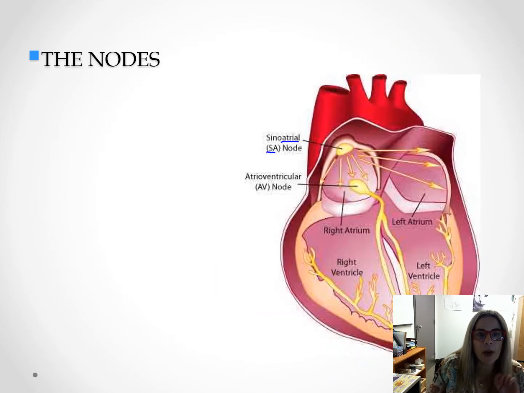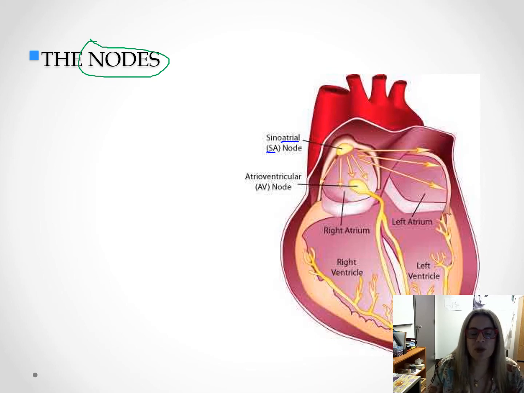So when we talk about that stimulation, one of the really important things we have to know is the nodes. The term node is basically an umbrella term for a little bundle of tissue. If we take a look here, again we want to orient ourselves: where are we with respect to the heart? This is our vena cava, of course, so we know that we're on the right side of the heart.